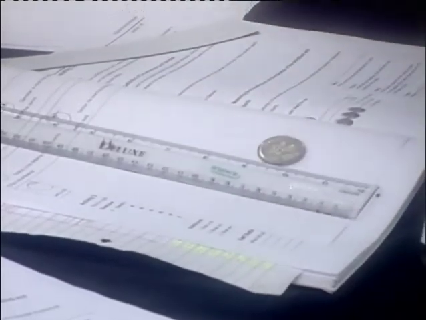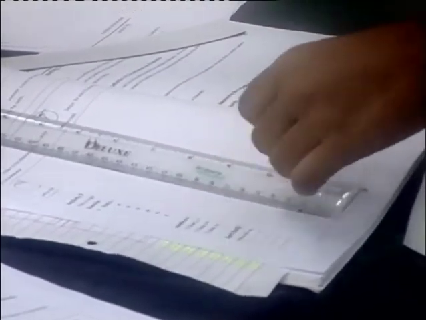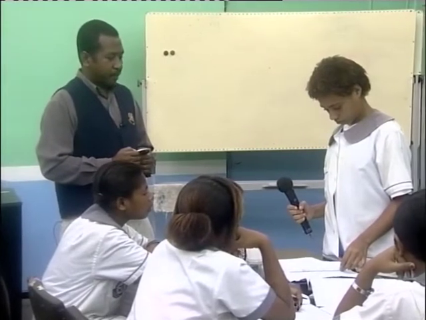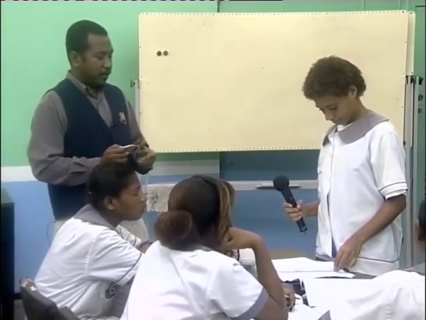So, with that coin, what is the diameter then? If you are saying rolling the coin along the ruler.